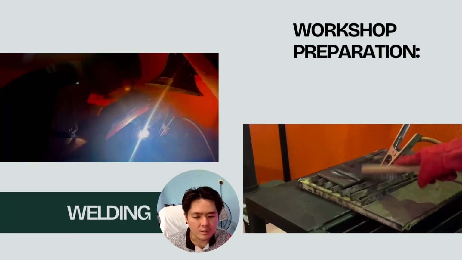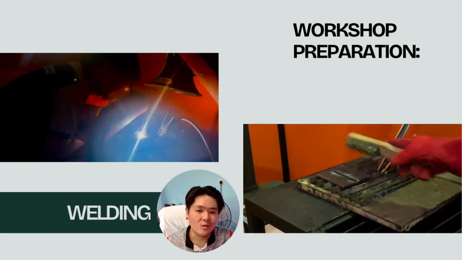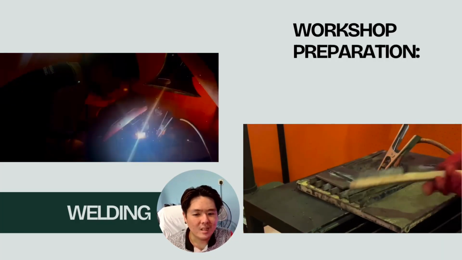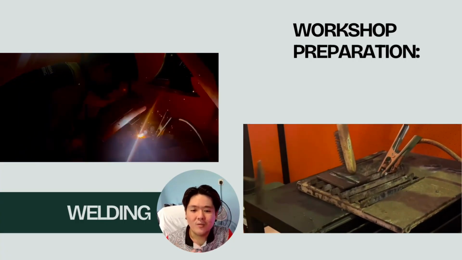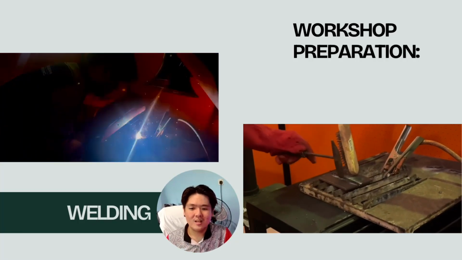So, in conclusion, during welding there is the safety reminder: wear full PPE, the personal protective equipment, keep flammable materials away, ensure good ventilation, and avoid direct eye contact and skin exposure to the arc light.